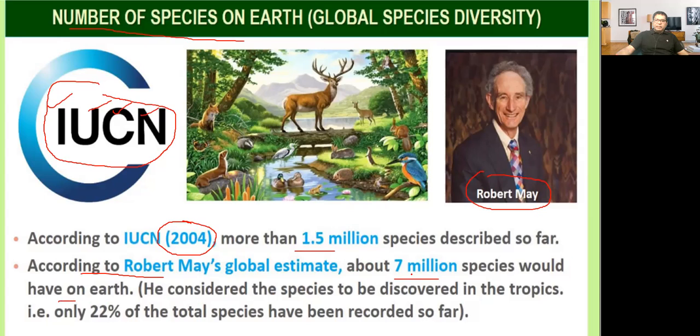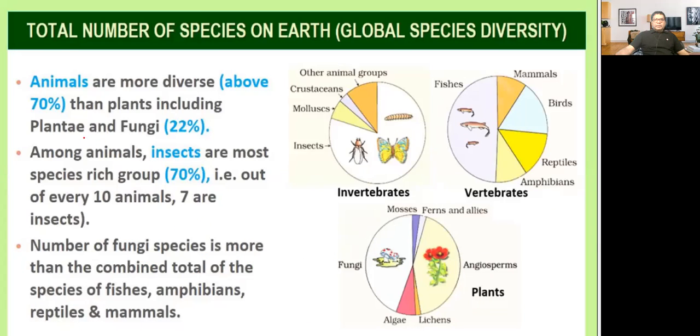Considering the species yet to be discovered in the tropics, only 22% of the total species have been recorded so far, out of 7 million. Animals are more diverse, about 70%, than plants and fungi.